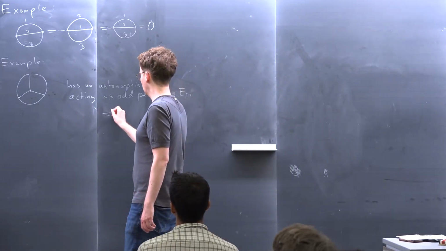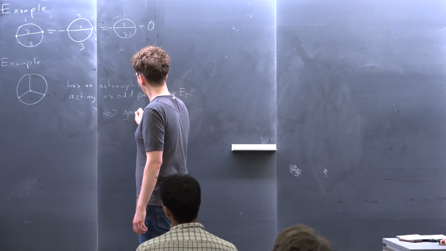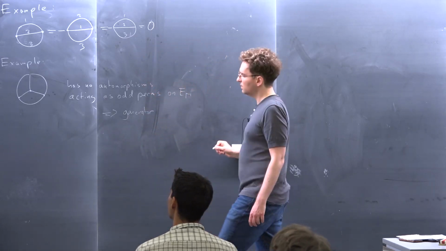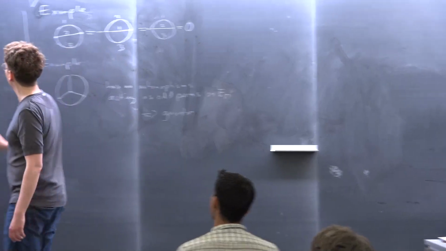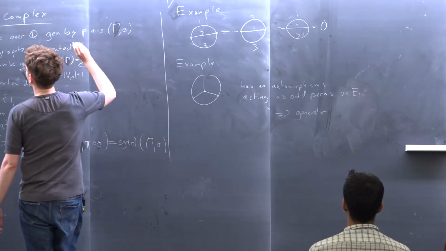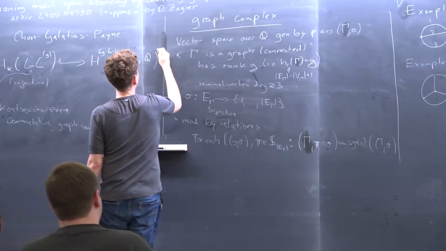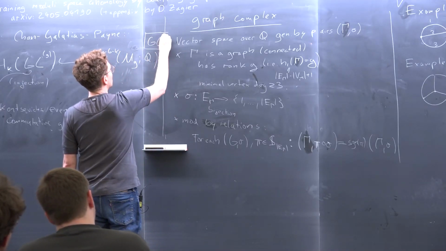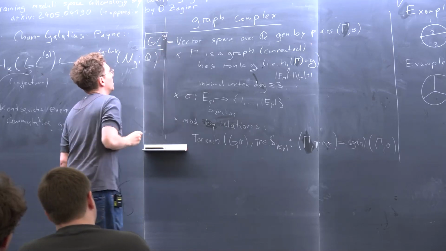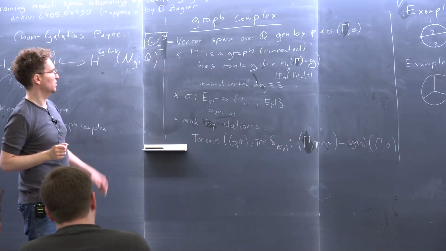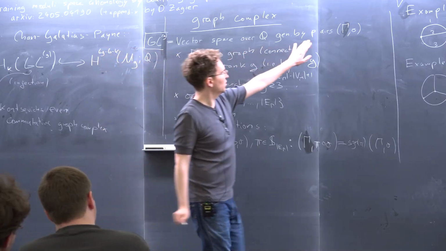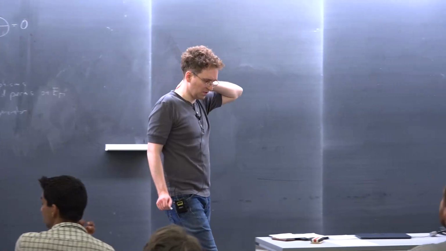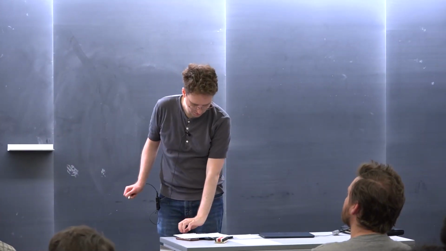So this is a generator. So I call this object here, sorry, I forgot this, GC of g. And this is the definition of this vector space. And of course, we consider these graphs and the labelings only up to isomorphism of graphs. So this is only for isomorphism classes.